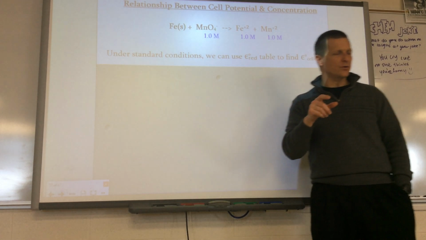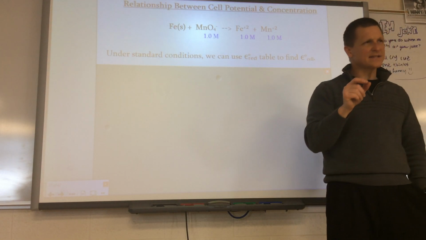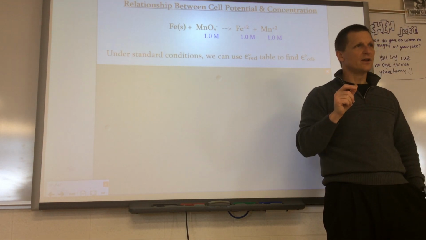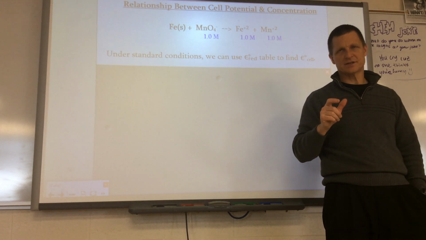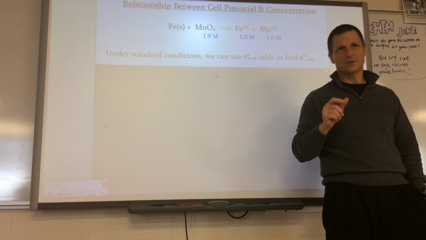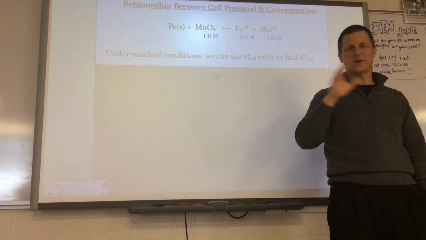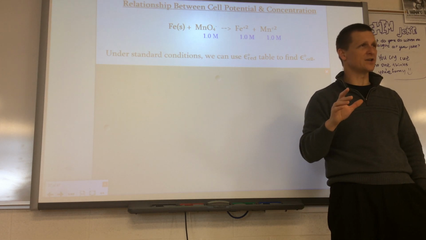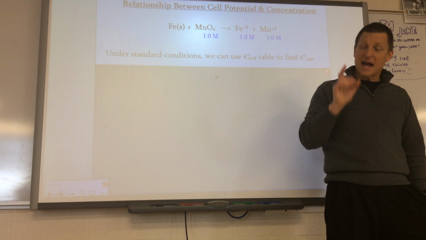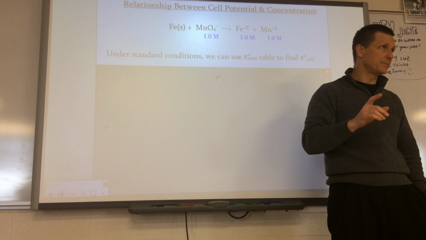The table that you use, the first word of that table is standard. Standard reduction potentials. 25 degrees. Everything's going to be at 25 degrees. I'm not changing the temperature even one time in this chapter. But the concentrations matter big time.